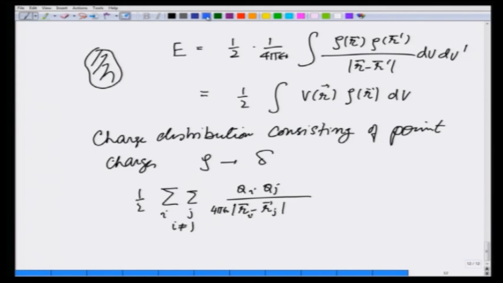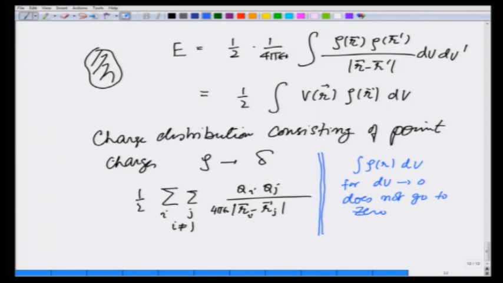summed over 1/2 and 1 over 4 pi epsilon 0. In making this transition from the continuous distribution of charges to a charge distribution consisting of point charges, you have to be careful that in this case integration rho r dV for dV tending to 0 does not go to 0, because these point charges are like delta functions, and therefore, in doing the integration I have to explicitly avoid the self interaction of charges.